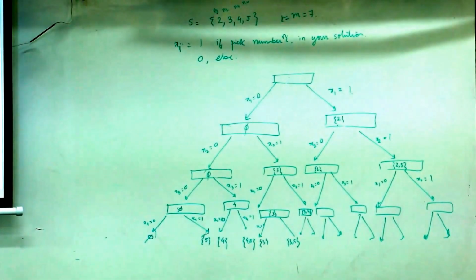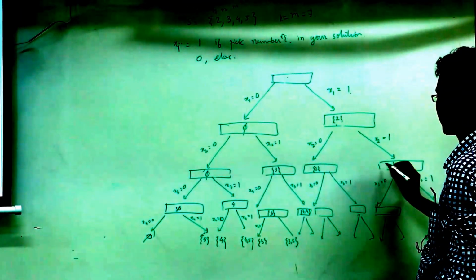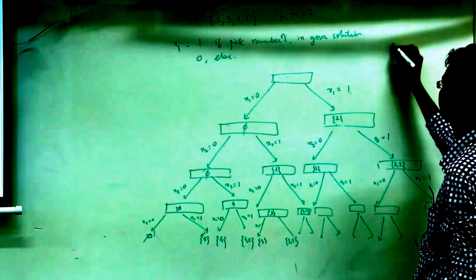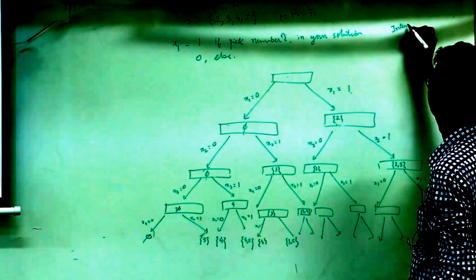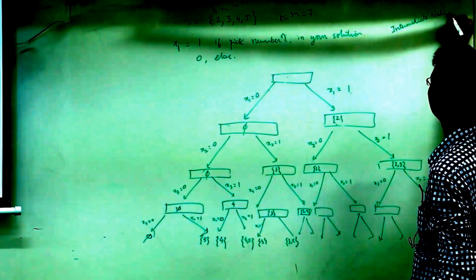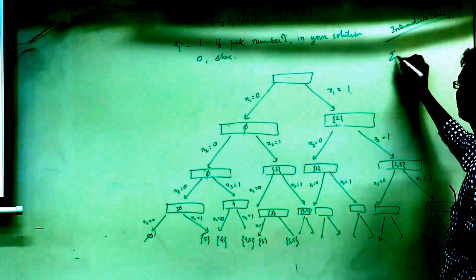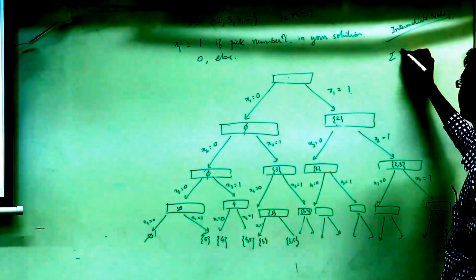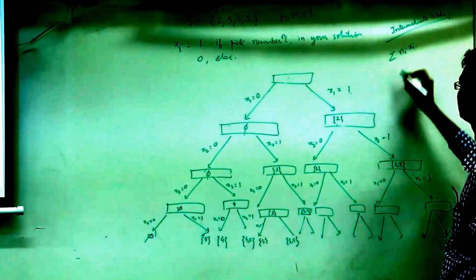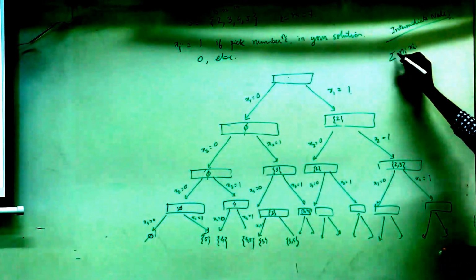Suppose you are at a particular intermediate node, and that node has some quantity, maybe ni times xi, for that node.